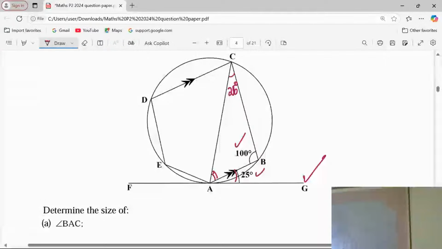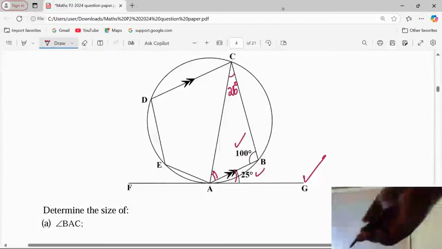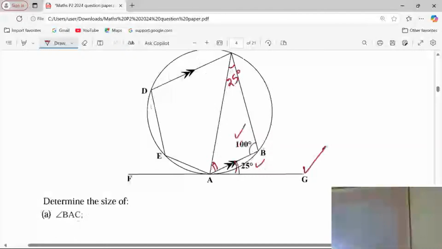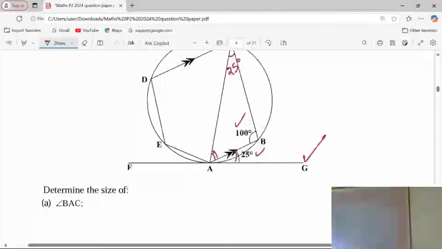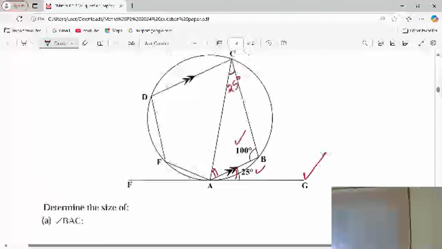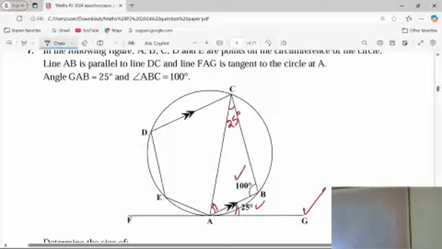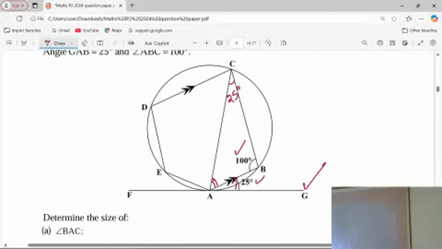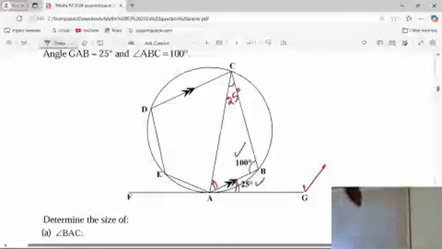The reason I am concluding that the two angles are both 25 degrees is that the angle made between a tangent like FAG and a chord is the same as the angle subtended by the same chord in the alternate segment. So the same chord will produce 25 on the other side.